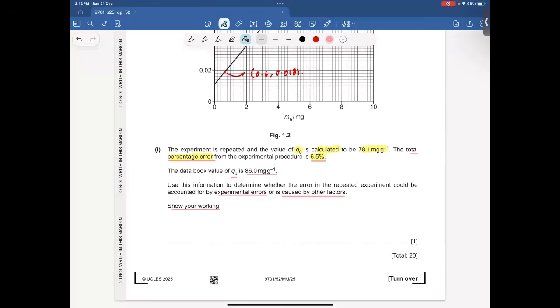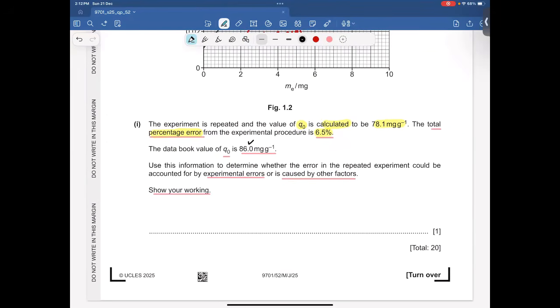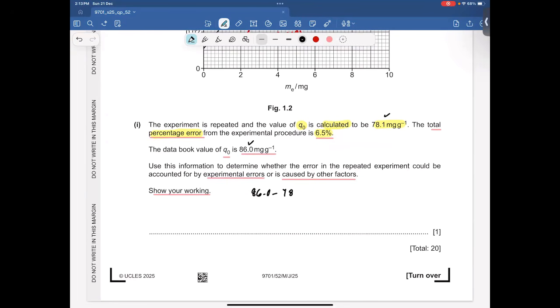Show your working. Okay, my goodness. So that's not an issue because the examiner has given us the data book value, which is 86.0 minus the calculated value 78.1, divided by the value given, which is 86.0, times 100. So the percentage error is going to be 9.2%. So this percentage error is greater than this one, which means there are other factors involved.